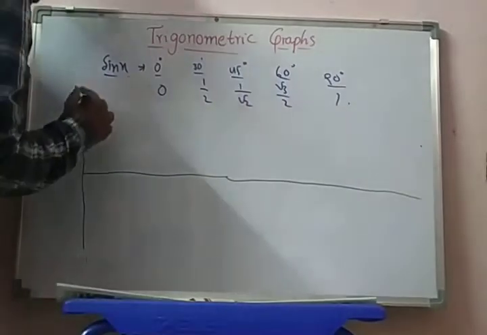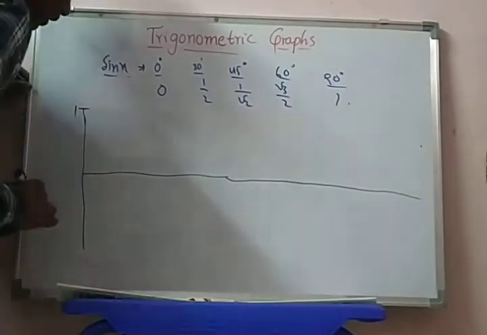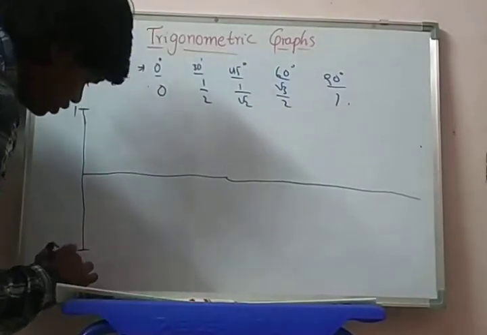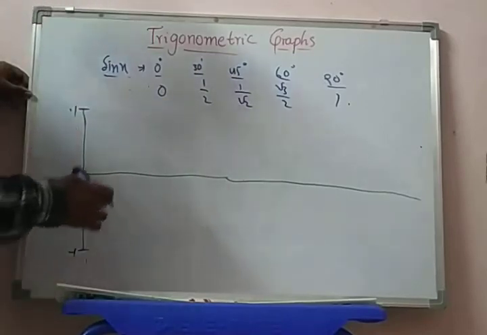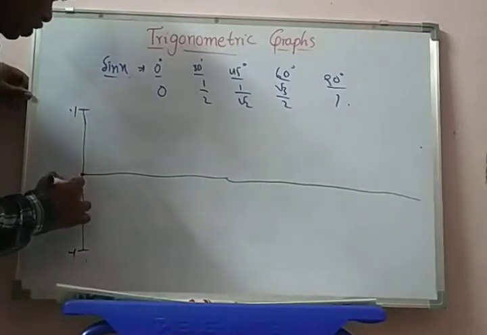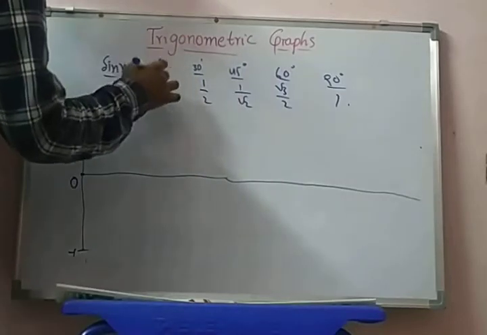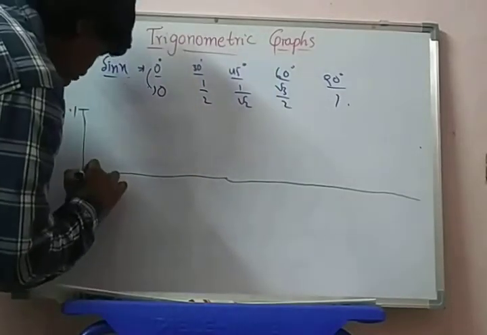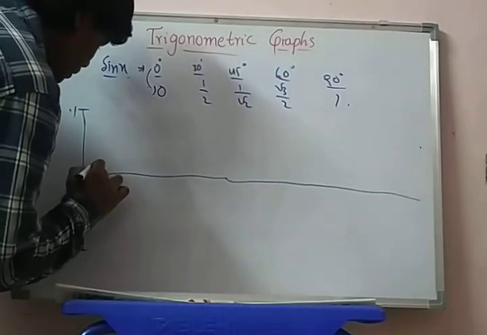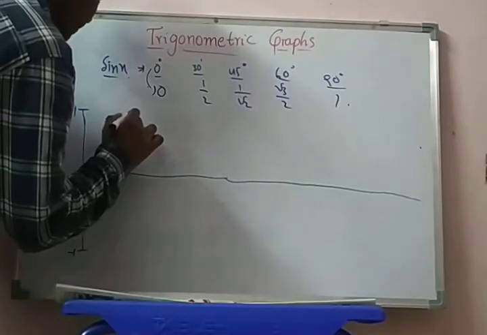Now let the limits be 1 and here minus 1. So 1 to minus 1 is the limit of the sine graph, and here it is 0. So sin 0 is 0. Initially it is at 0 and gradually it increases.